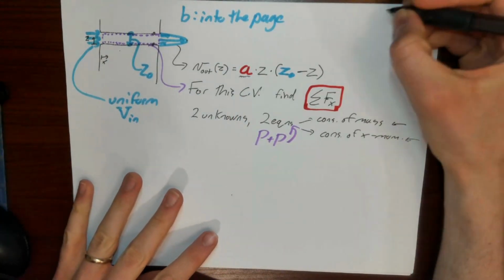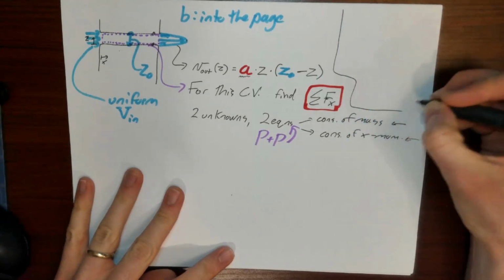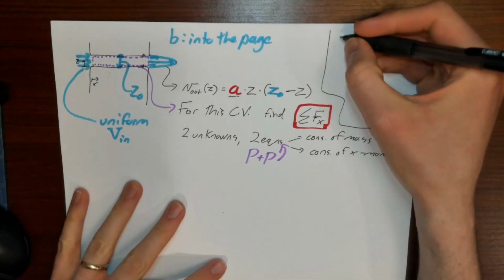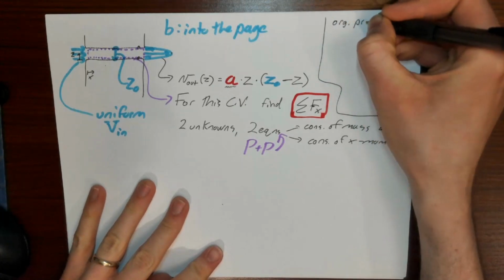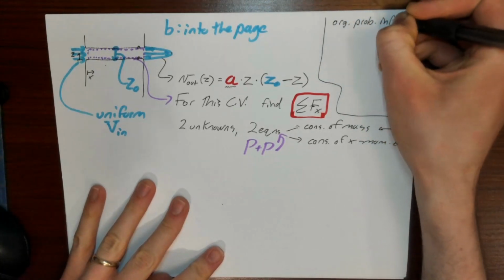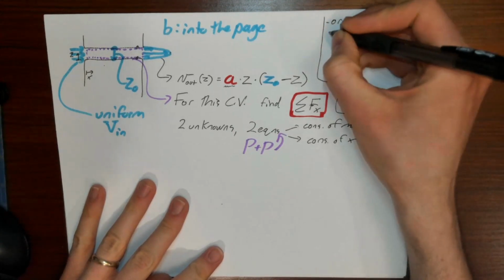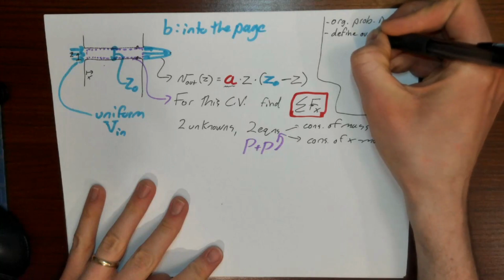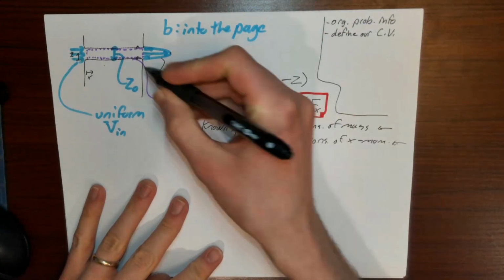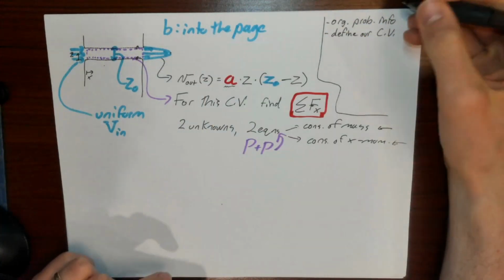So what are the steps to solving problems like this? We generally organize the problem info, which we've essentially already done. We define our control volume, which was essentially already done for us in the problem statement.